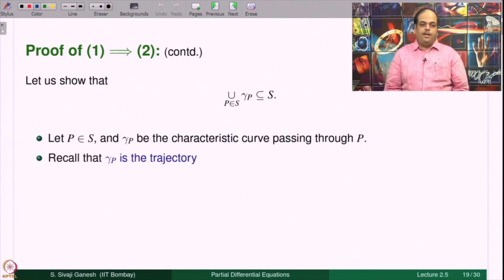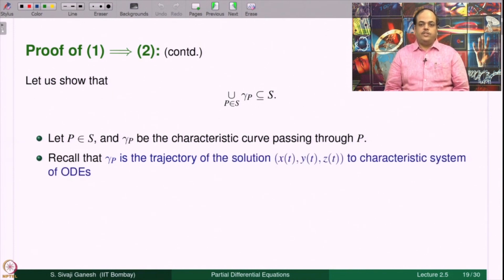But recall that gamma p is the trajectory of the solution (x(t), y(t), z(t)) to the characteristic system of ODEs satisfying the initial conditions.